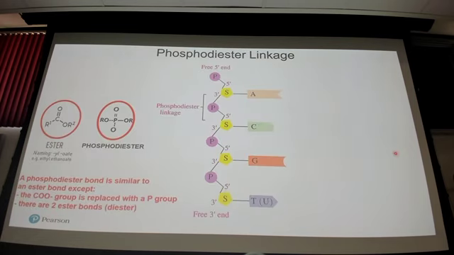A phosphodiester bond is similar to an ester bond, except that instead of a carbon atom, it's a phosphorus atom, and there are 2 ester bonds being formed. Hence phosphodiester. Are there any questions about that?